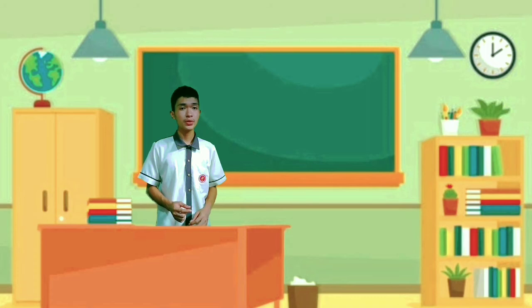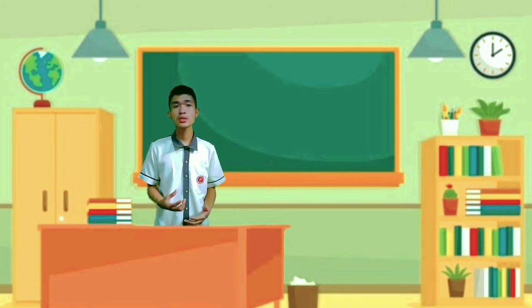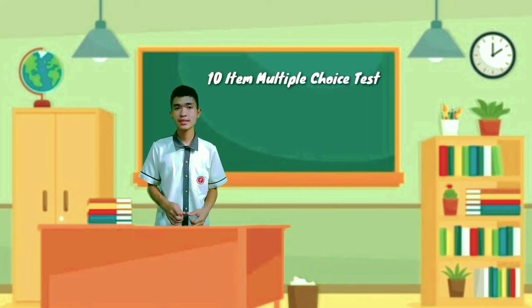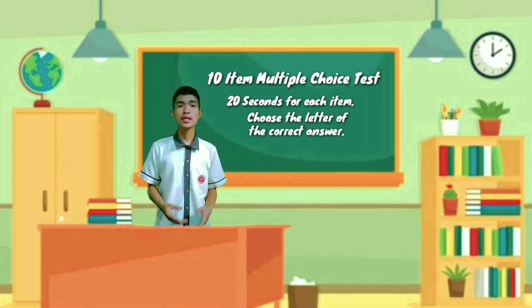I think you already know the major components of the ecosystem and their differences. I have here a 10-item multiple choice test. You have 20 seconds for each item. Choose the letter of the correct answer.